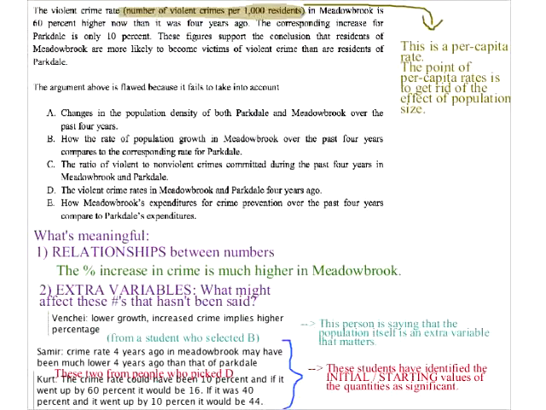In fact, you can generalize this. The point of introducing units of the form unit 1 per unit 2 is generally to take out the confounding effect of unit 2.